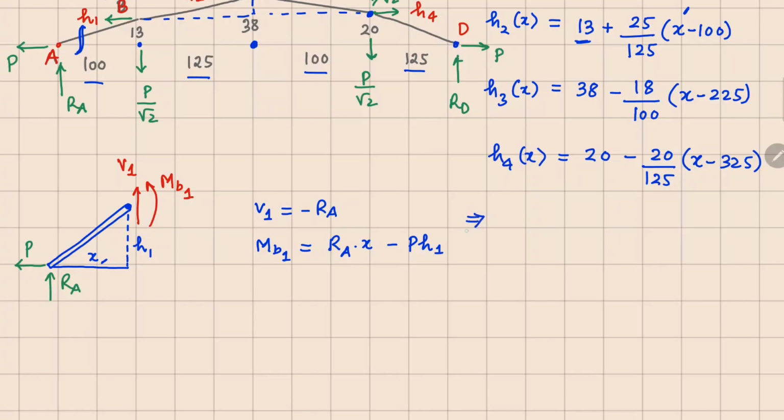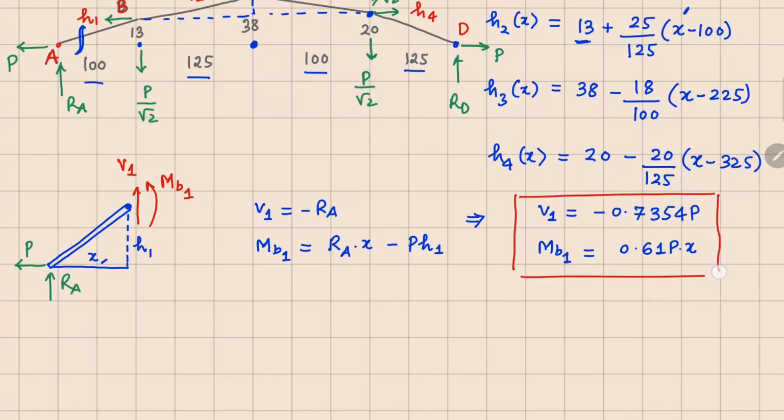So if I substitute these values of Ra and h1 there, I get the value of V1 equals minus 0.7354 P, and MB1 equals 0.61 P times x. So these are the values at section 1.